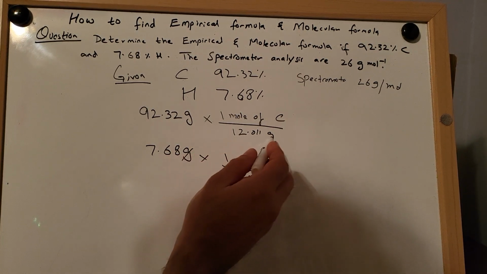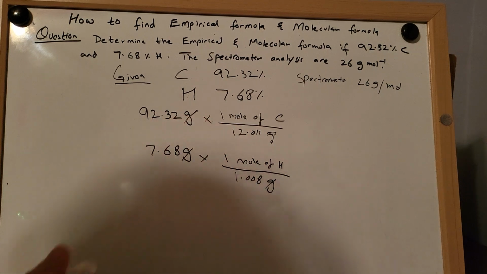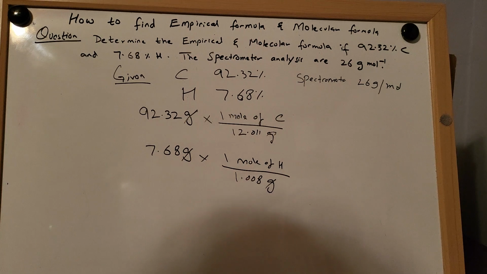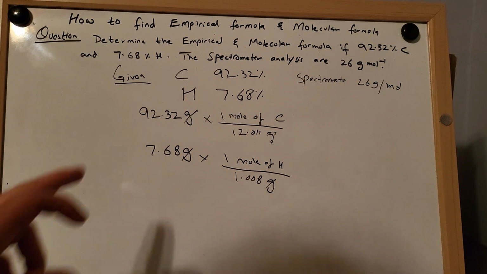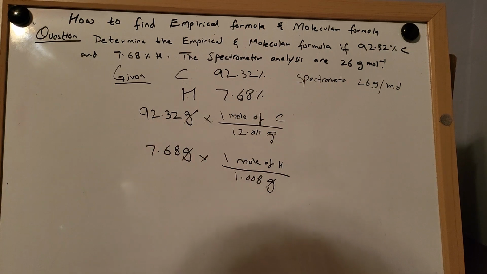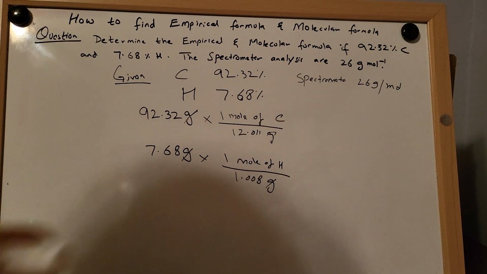Gram and gram cancelled, gram and gram cancelled. Now all you have to do is the regular simple math. You divide 92.32 by 12.011, you will get 7.68.